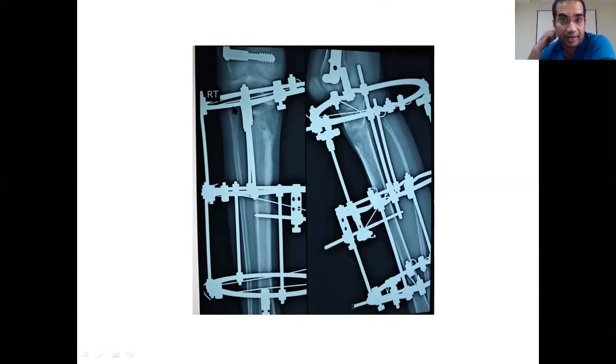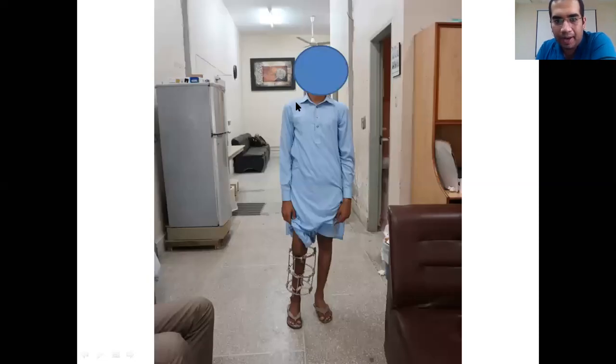This resulted in correction of the deformity by translation. And as you can see, the gap has been filled by new bone. Now the deformity has been corrected. Joint orientation has been restored and limb alignment has been restored.